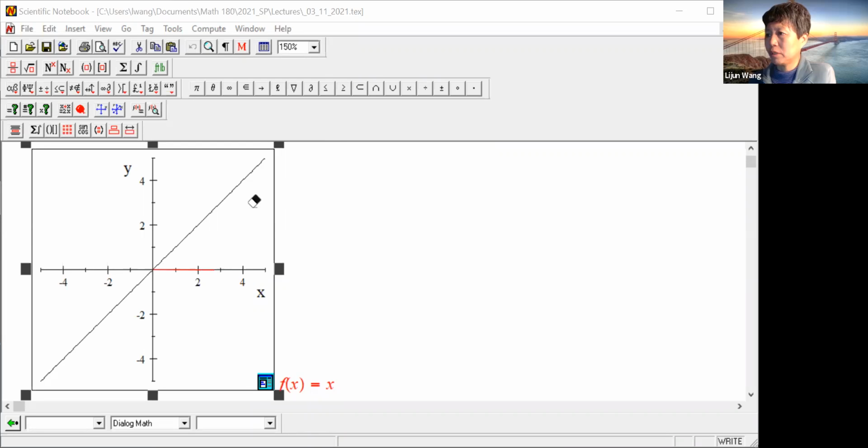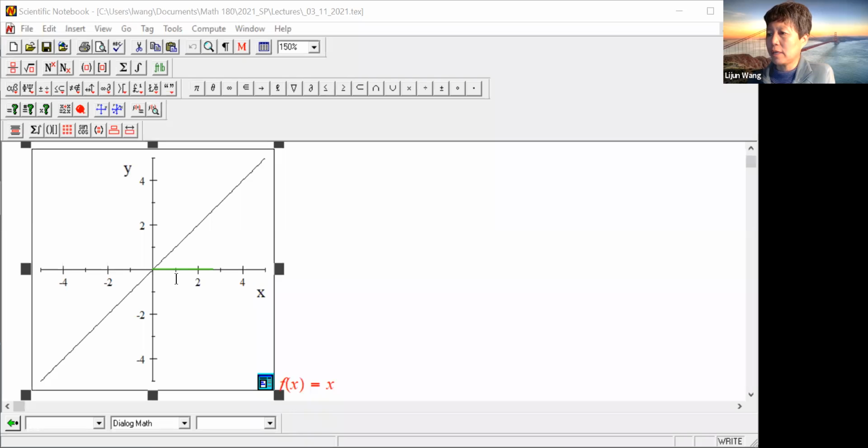I'm going to use green for input. This is x, right? So this much is x. If this much is x, what is negative x?